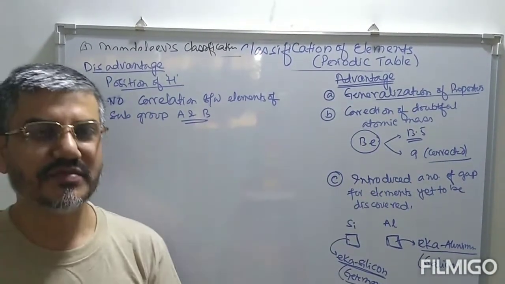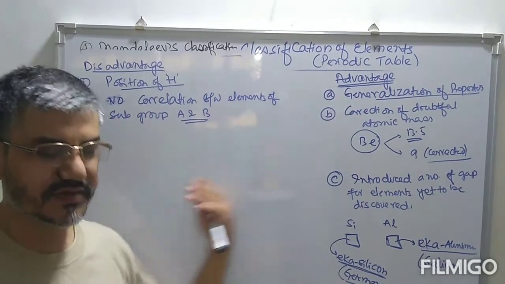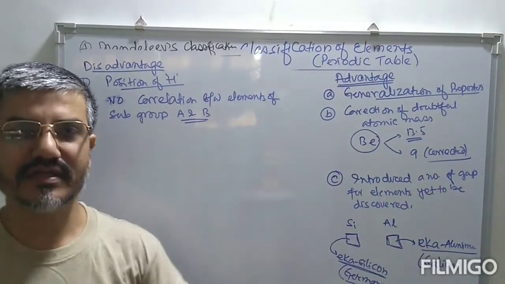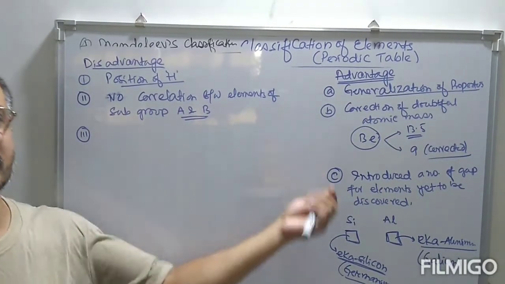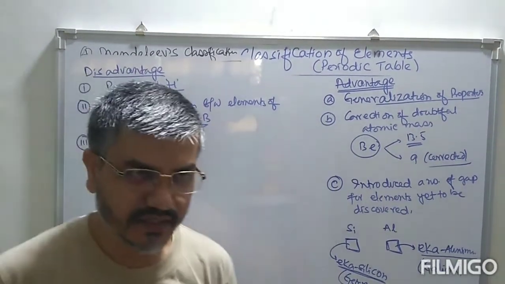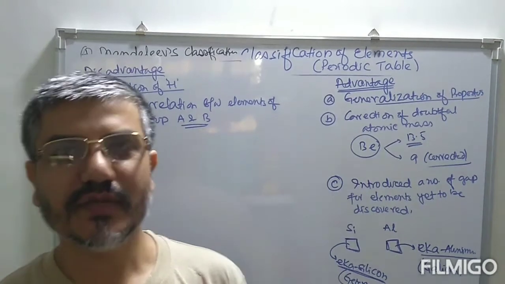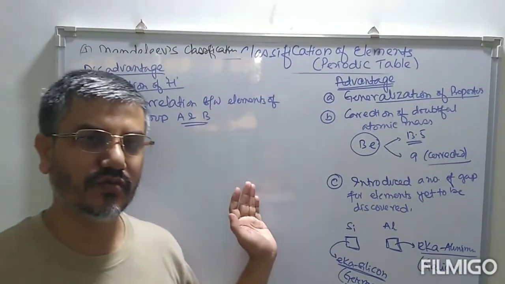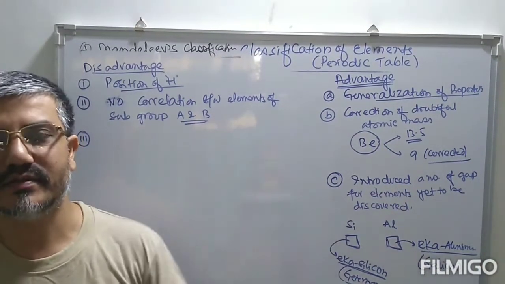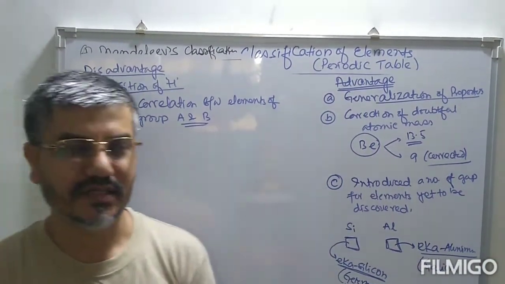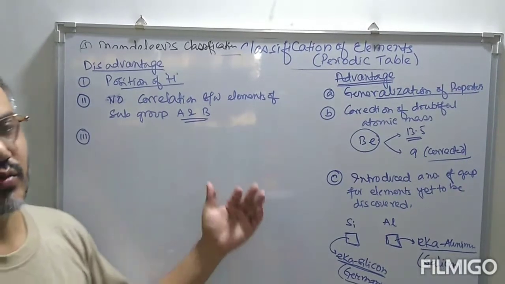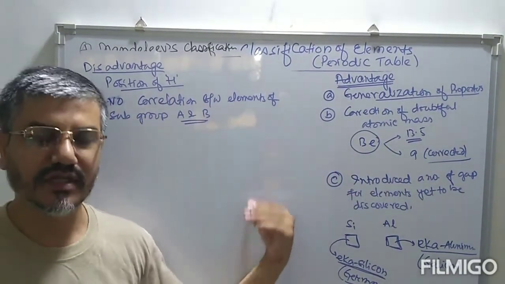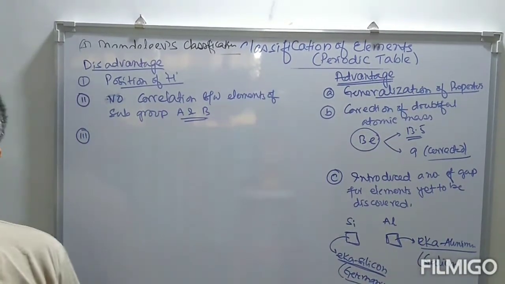But many times during his classification, he himself contradicts this basis of classification, meaning many elements having higher atomic mass were found to precede elements having lower atomic mass. So he could not explain why certain elements having higher atomic mass should be placed before elements having lower atomic mass.